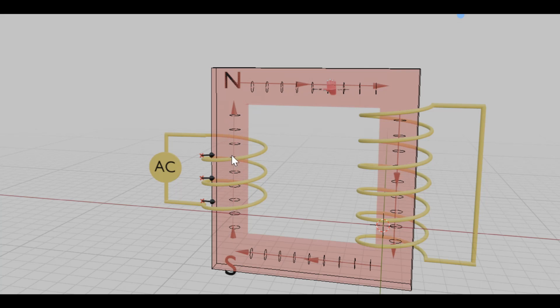So the magnetic field from this primary coil will be aligned with all the domains of the iron core, and therefore will be directed around the entire core, clockwise, including the important part through this secondary coil.